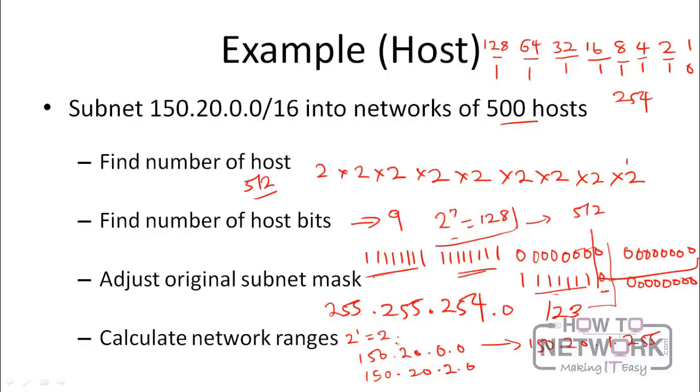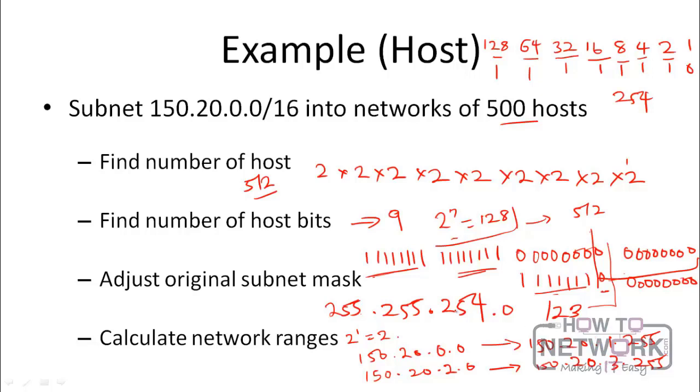And they will all be on the same network. And then by the time they get to 150.20.2.0, it goes into a different network, and that's a new network address. And that would end at 150.20.3.255. And the next one will start from 150.20.4.0, which will be a new network address.